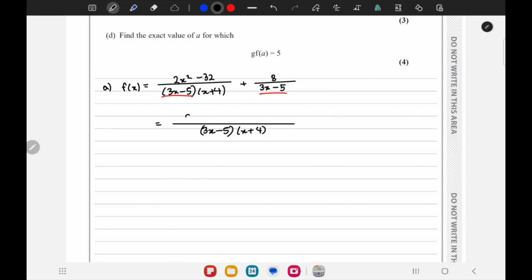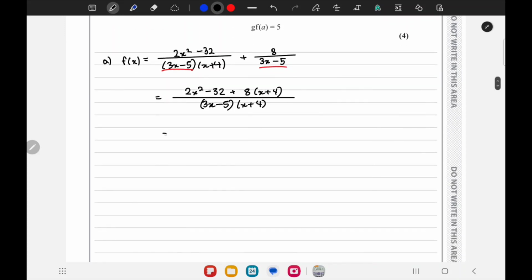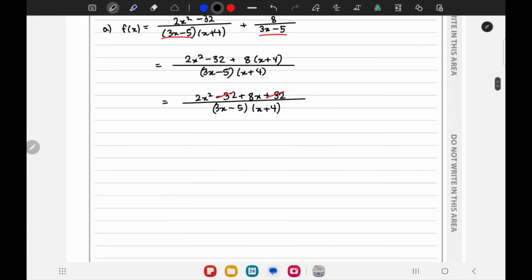And for the numerator, we'll have 2x squared minus 32 plus 8 times x plus 4. So we'll get 2x squared minus 32 plus 8x plus 32. The 32s cancel out, and we have 3x minus 5 times x plus 4 over here.